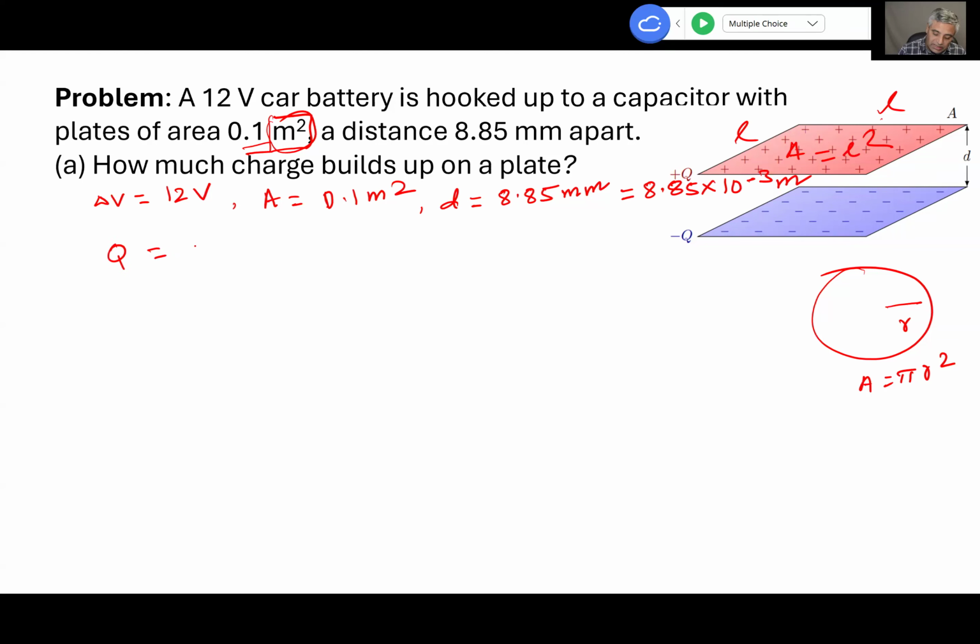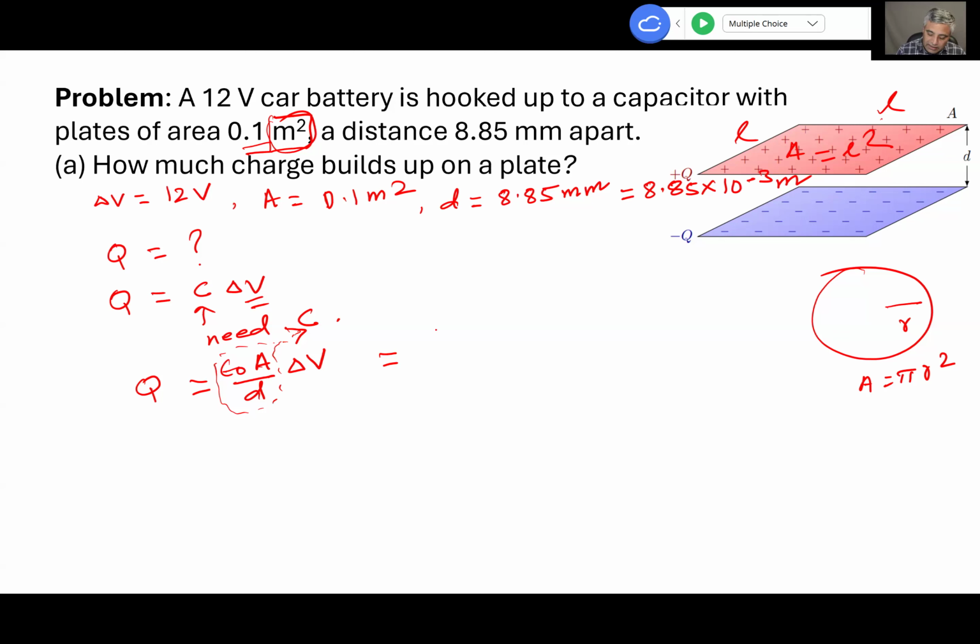So Q is what? Okay, so what did we learn is that Q is C times delta V. So delta V is given, need C. And we learned that C depends on geometry of capacitor, and geometry is given. Epsilon naught A over D is C, and then that is times delta V. Okay. So now this epsilon naught is a constant.